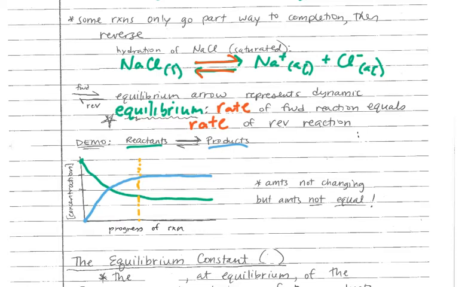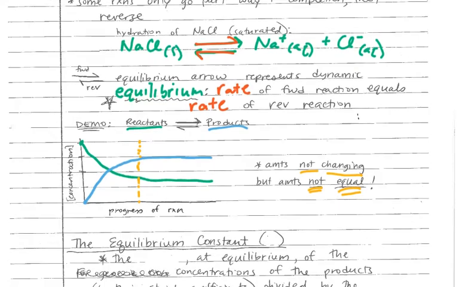So it's not that the amount of product and reactant are equal, it's that the forward and reverse rates are equal. At equilibrium, the amount of the reactant and product is no longer changing, but the amounts are not equal. And that's a common mistake in chemistry, that people think of equilibrium as equal amounts, but it's never equal amounts. It's simply equal rates and a constant state of no change in product and reactant amounts.